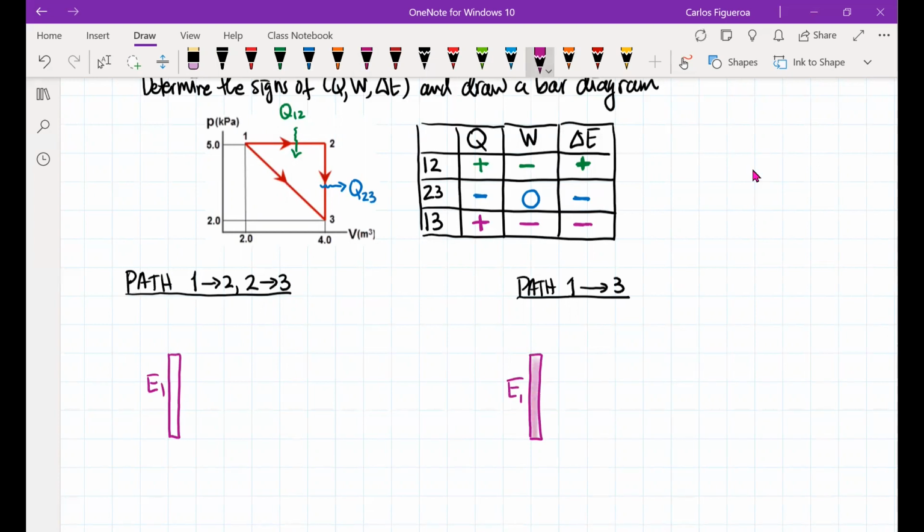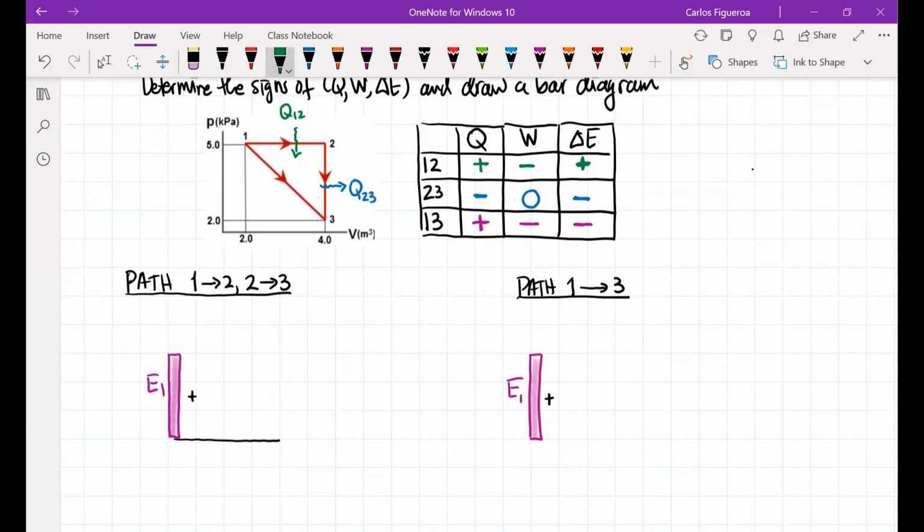So now what happens? As I go from 1 to 2, I'm going to have a decrease in kinetic energy. Okay. Now look at the areas. Look at the area from 1 to 2. It's got to be bigger than from 1 to 3.